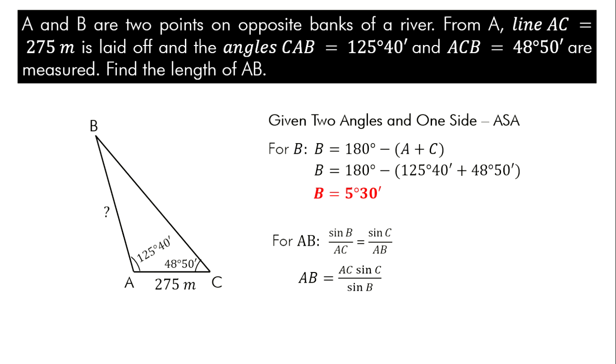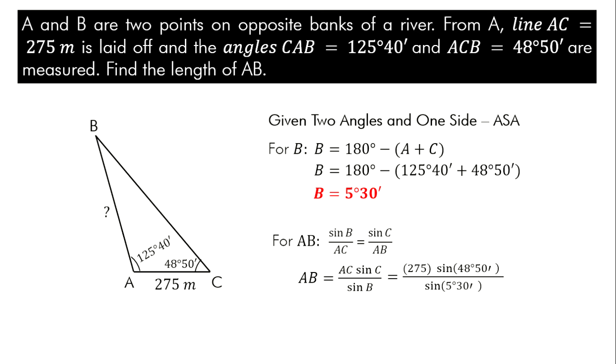Manipulating that, we obtain AB is equal to AC sine C over sine B. Substituting the given, we'll have 275 sine 48 degrees 50 minutes all over sine 5 degrees 30 minutes.